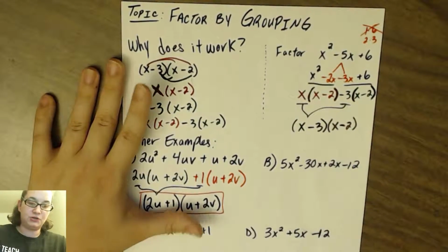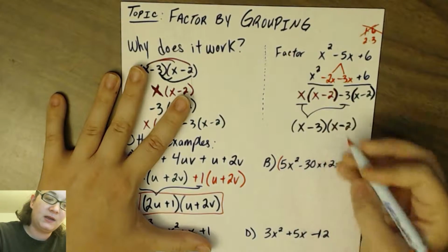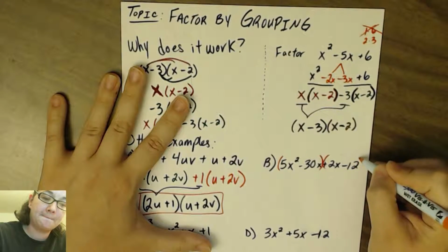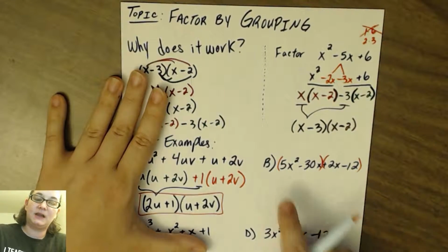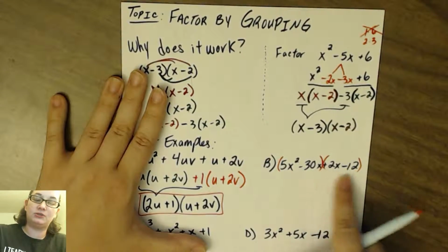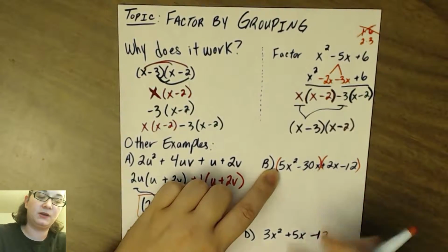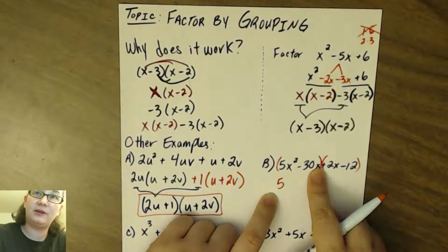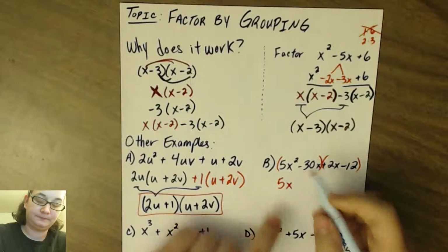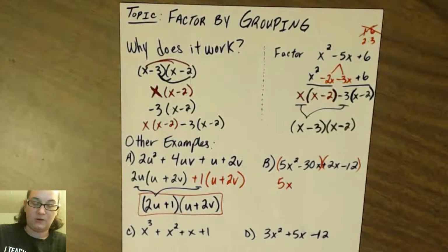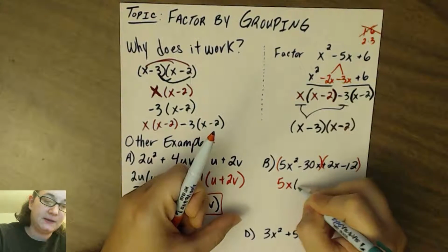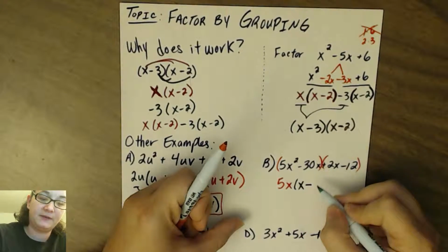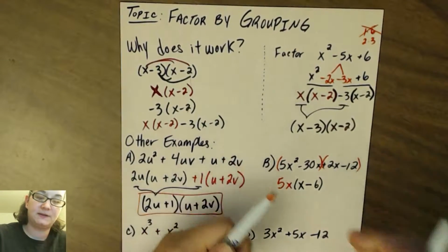And on this problem, I'll show you, sometimes they put parentheses to kind of say I'm just looking at the first two or I'm just looking at the second two. So for this first one, they have a 5 in common, and they both share an x. So I'm going to pull out a 5x. And what's left over is x minus, and 30 divided by 5 is 6.